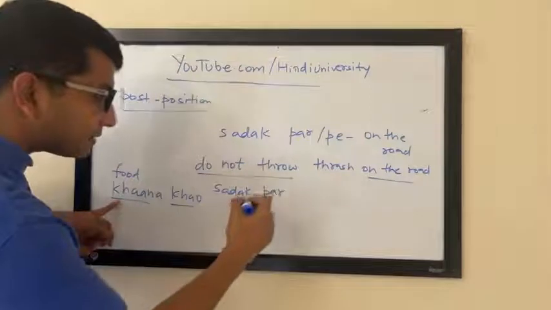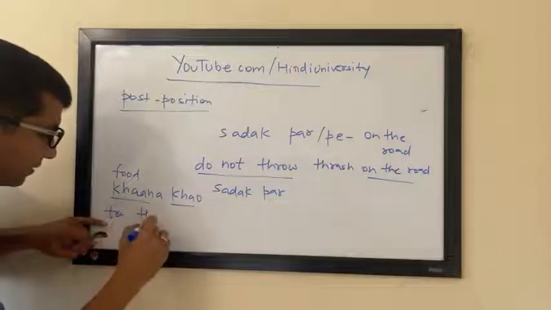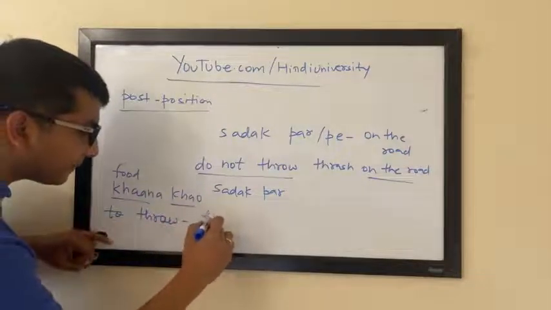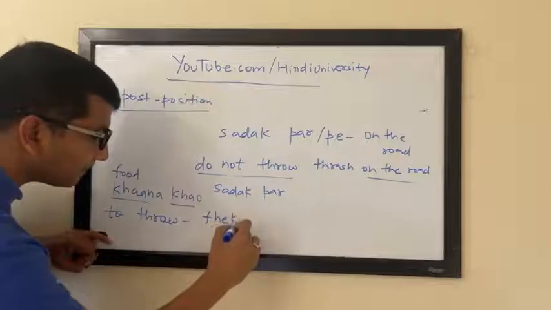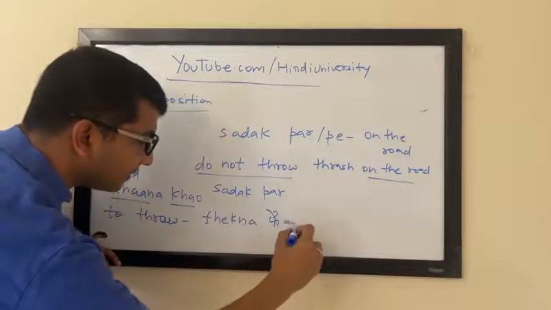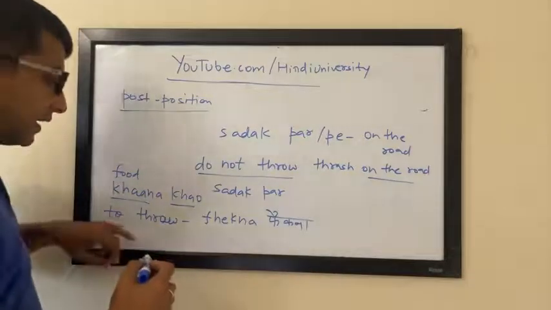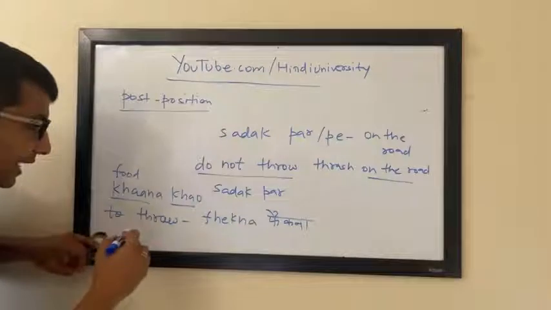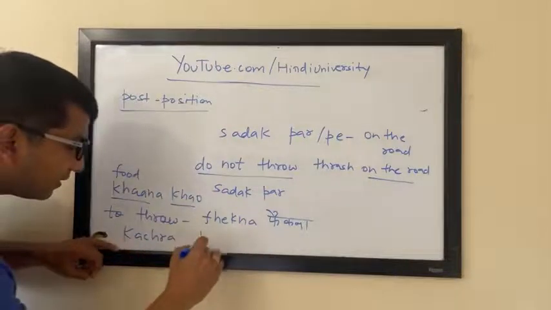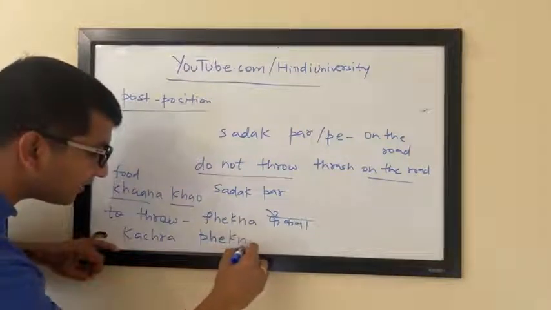In a negative sense, because it's to throw, the verb is fenkna, basically फेंकना. So throwing trash is kachra फेंकना. Kachra फेंकना.